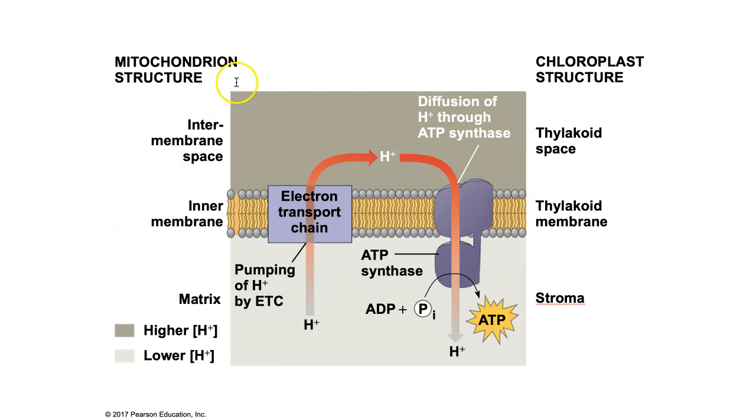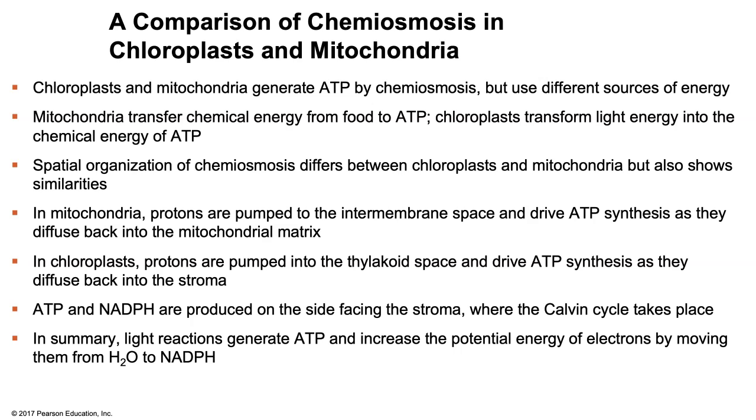The plant uses light, solar energy, and mitochondria uses chemical energy because they're breaking down glucose to derive all of that energy. Mitochondria transfer chemical energy from food to ATP. Chloroplasts transform light energy into the chemical energy of ATP.